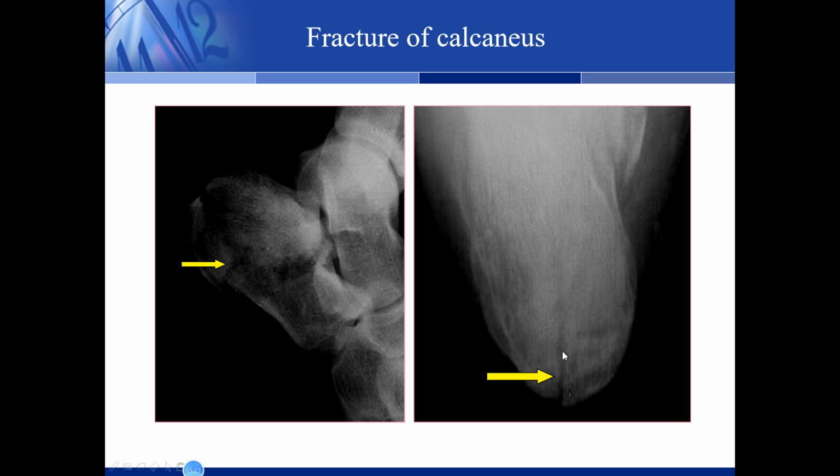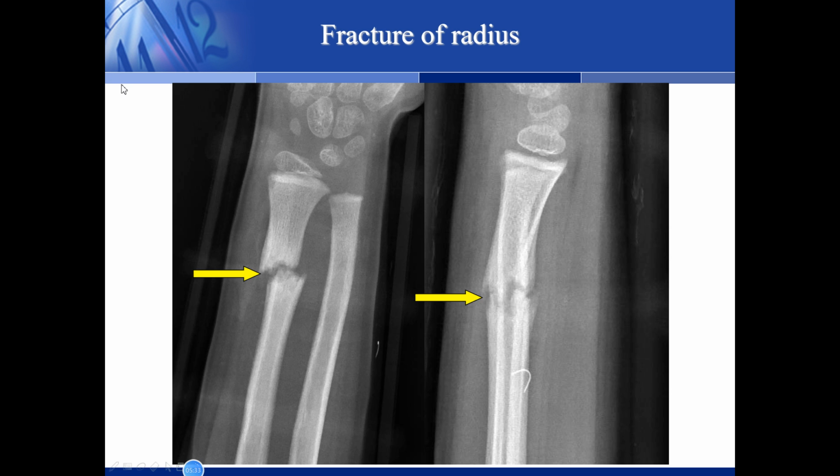Here is the longitudinal translucent line. So we could make a diagnosis of fracture of the calcaneus. And here is the fracture of the radius, and we could see the fracture line or translucent line in it. And here is the fracture line, so we call it fracture of the radius.